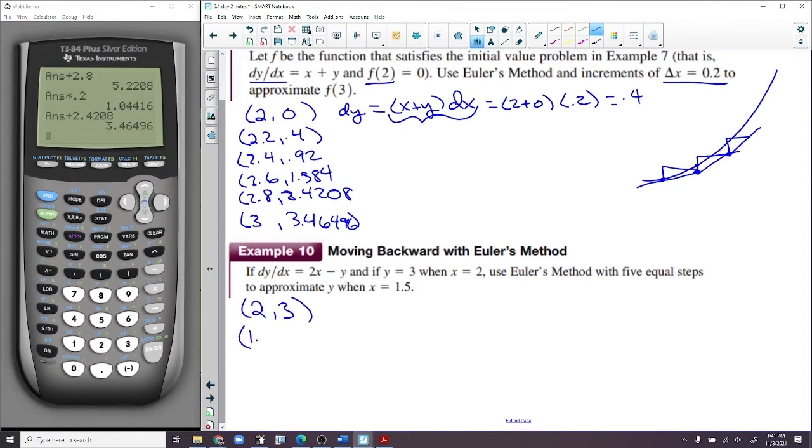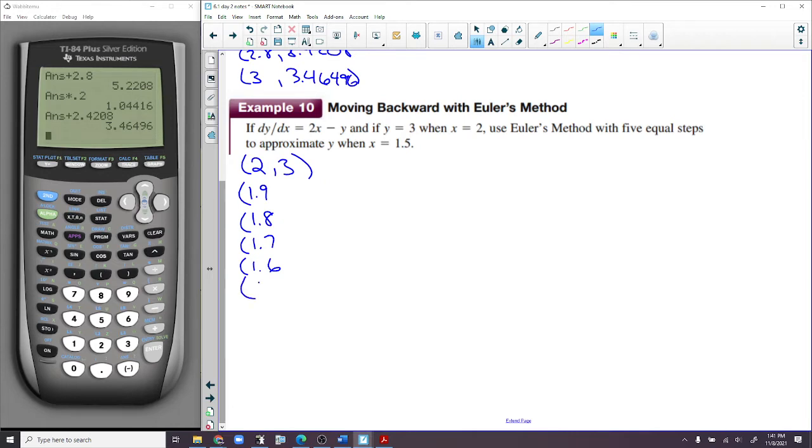We have 1.9, 1.8, 1.7, 1.6, and they want us to approximate 1.5. The question now is, what is delta x? What's change in x? Negative 0.1. There we go.